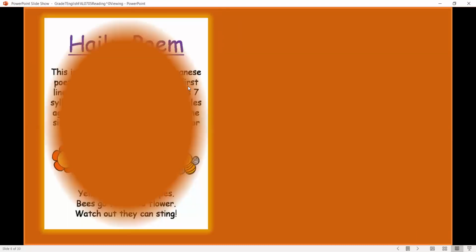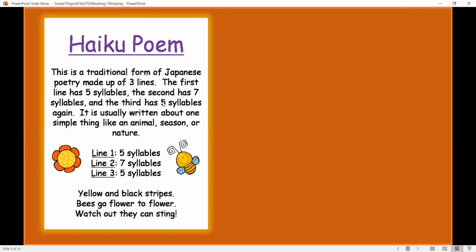Then we have a haiku poem. This is the one I said we'd get to explaining. Okay, now haiku poem is a traditional form of Japanese poetry. It is only made up of 3 lines. So it's a 3-line poem.